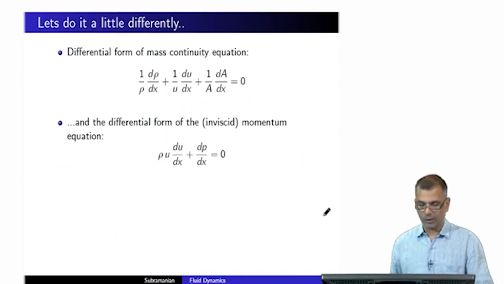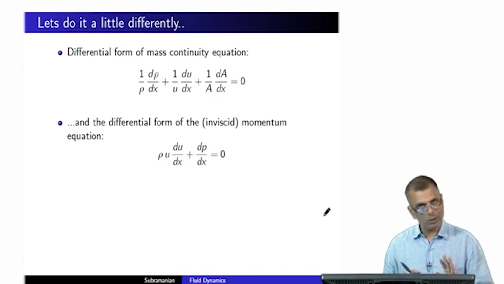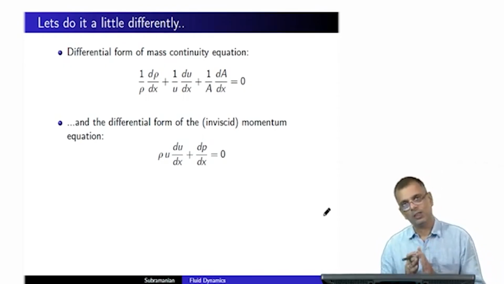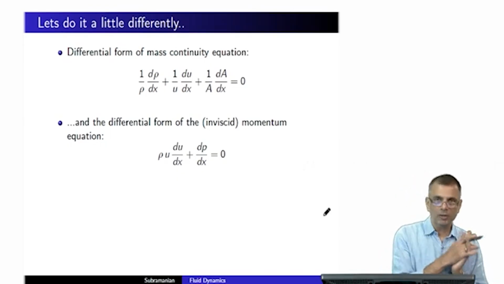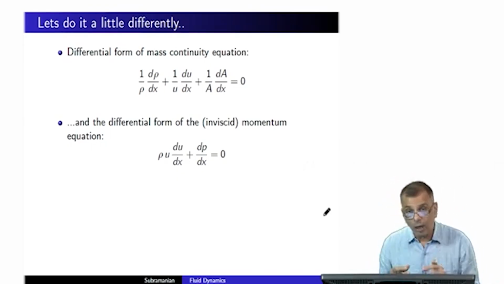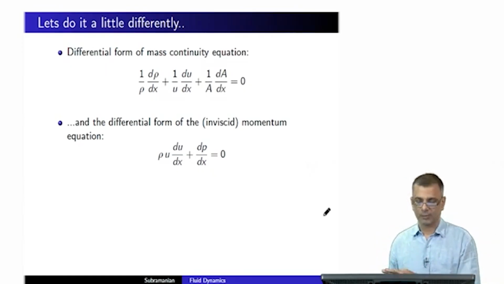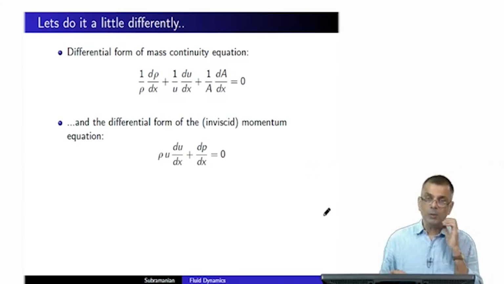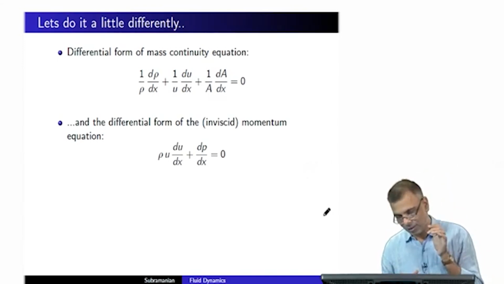And the differential form of the inviscid momentum equation: we don't bother about viscosity. We are not concerned even with shock thicknesses or anything. We are concerned about flows that transition from subsonic to supersonic not via a discontinuity, not via a shock, but smoothly. Even when we were discussing shocks, we neglected viscosity, so we neglect viscosity here too.